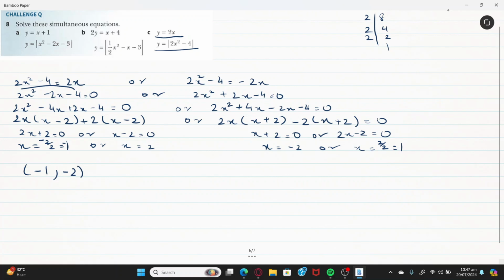For the second value, we have 2 as the x value, and 2 multiplied by 2 is going to be positive 4. For the third value, again, we have negative 2. So negative 2 multiplied by 2 is going to be negative 4. Fourth value, we have positive 1. Positive 1 multiplied by 2 is equal to 2. And this is our answer for part 8C.